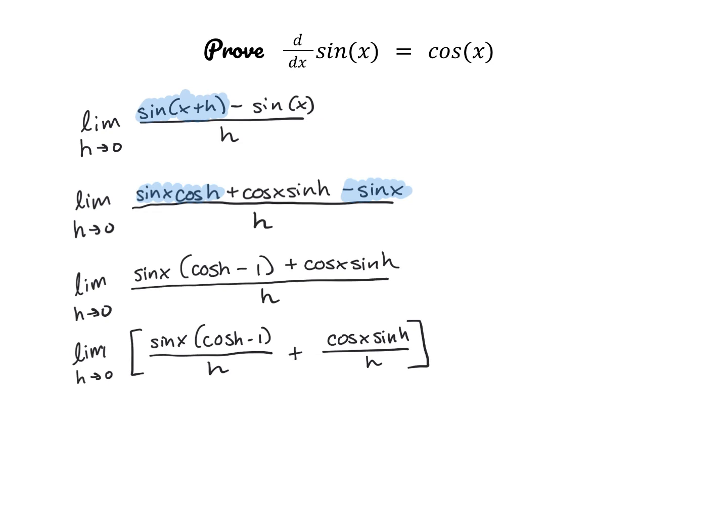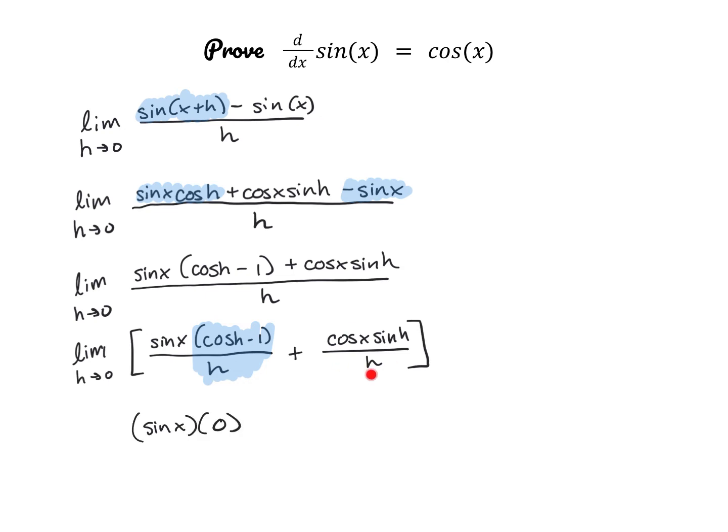And now we can do direct substitution to evaluate this limit. So here, if we do a direct substitution for h equal to 0, well, this is one of the definitions that we talked about previously. So we know that the limit as h approaches 0 of the cosine of h minus 1 over h is 0. So this would leave us with the sine of x times 0.